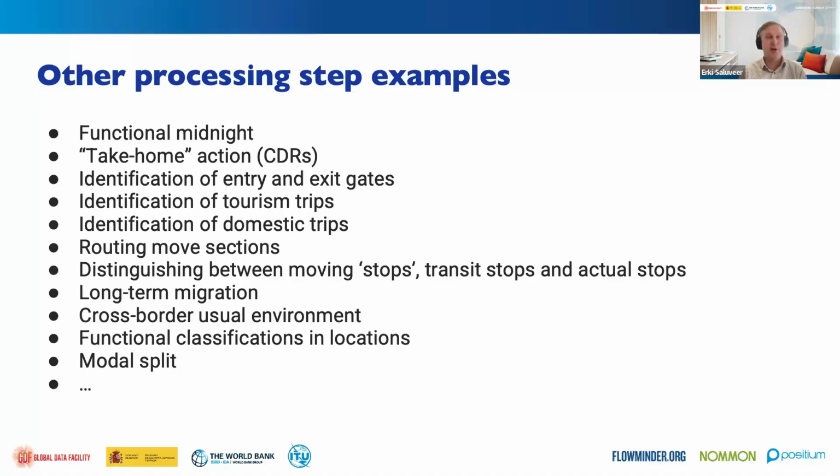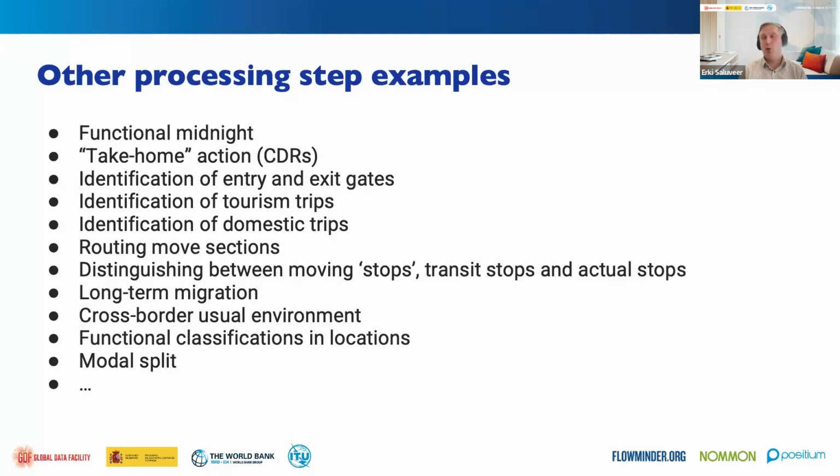So one example is functional midnight, because when we talk about tourism trips, if a person has a plane at 2 a.m. during the night when they are leaving a country, then we don't consider these last 2 hours as a next day trip, but rather part of the previous day trip. So that's why a functional midnight should be used. Usually it's at 4 a.m. or 5 a.m. So you're basically shifting the nighttime in the data.